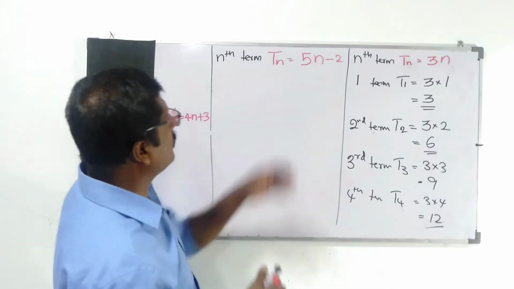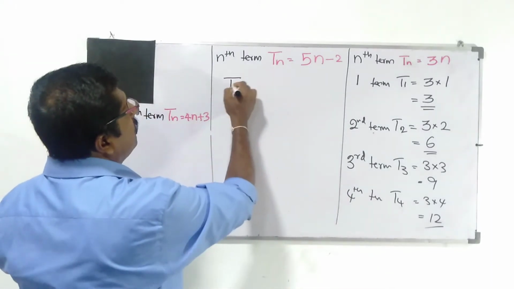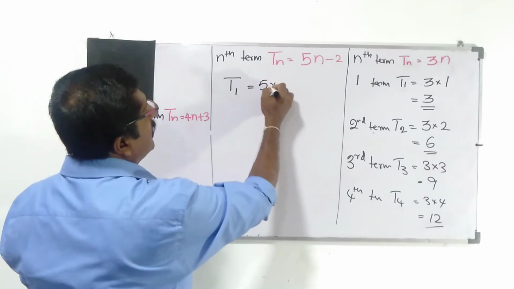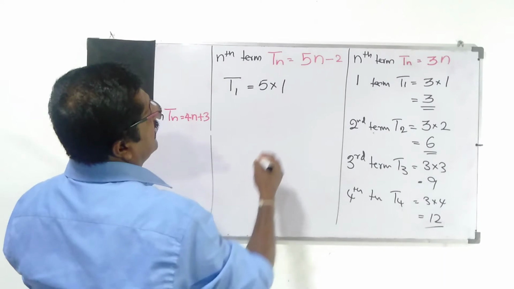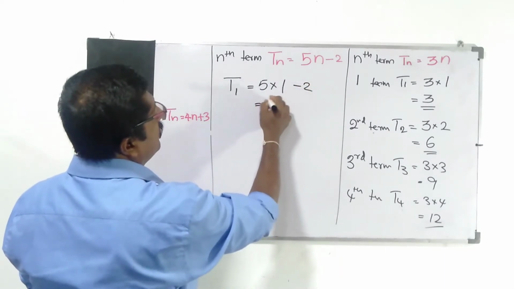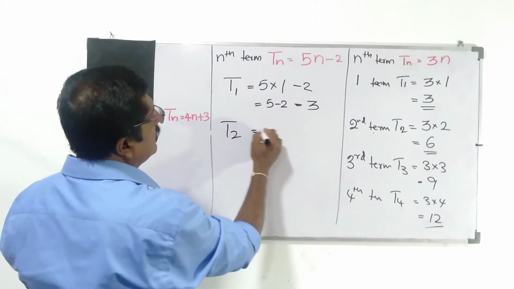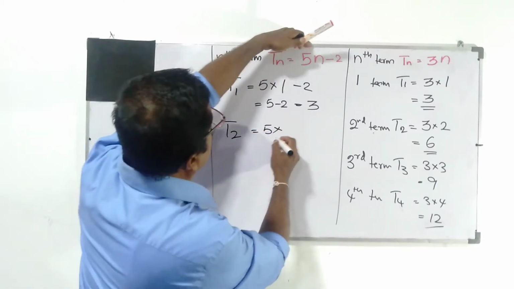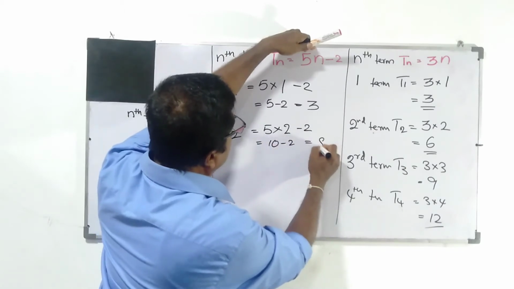Now we are going to take up this one. First term, T1 equals 5 multiplied by 1 minus 2. Now we are putting 1 for n. 5 minus 2 equals 3. T2 equals 5 multiplied by 2 minus 2. 10 minus 2 equals 8.